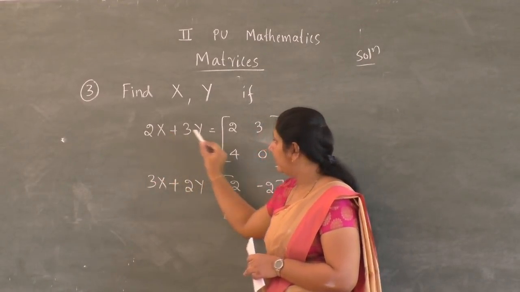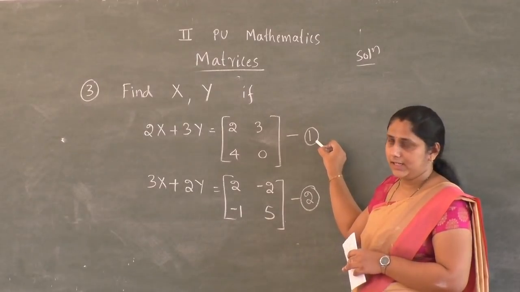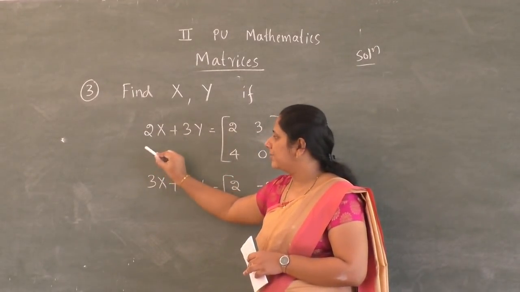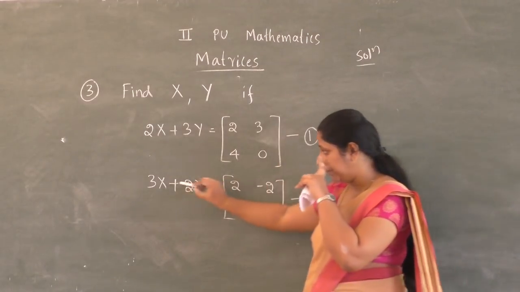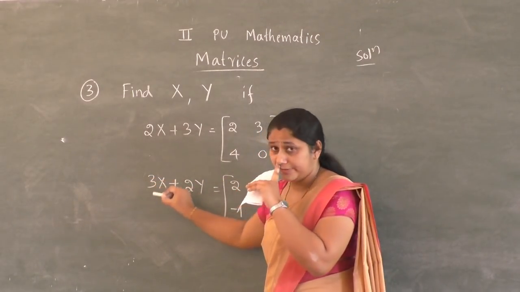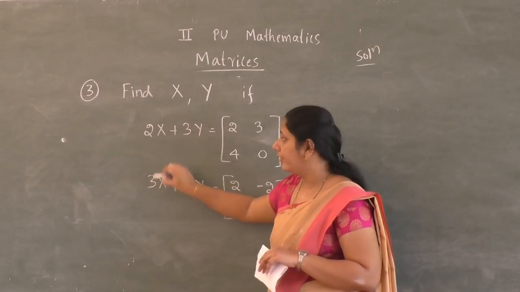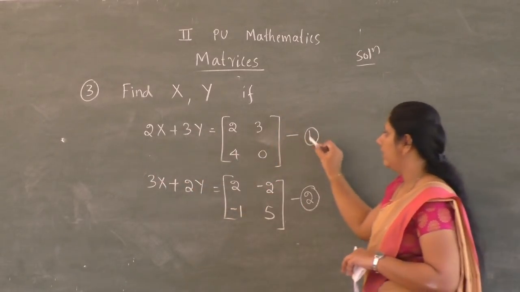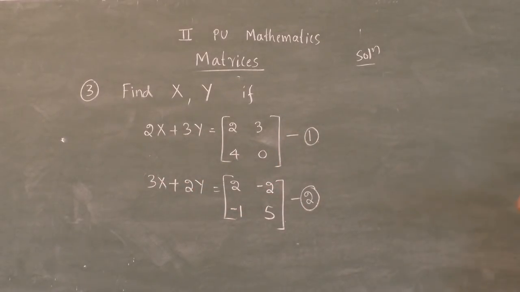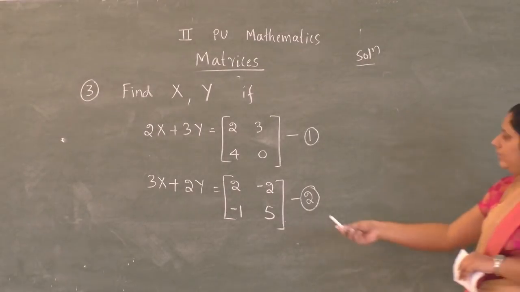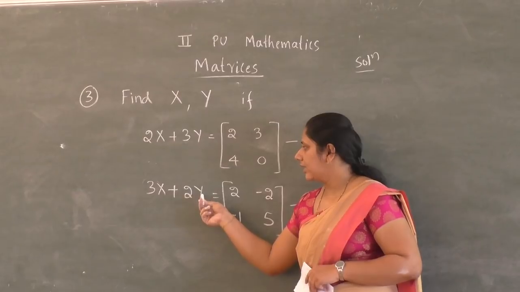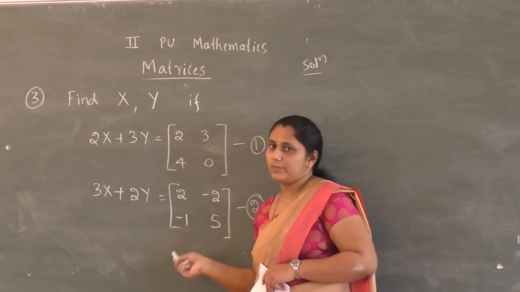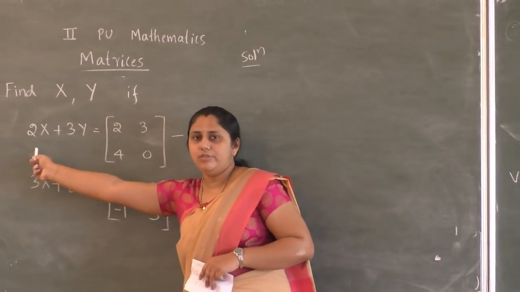So if I multiply equation 1 by 3, the coefficient of x becomes 6. Similarly, for equation 2, if I multiply by 2, again the coefficient of x becomes 6. So once the coefficients are the same, you can take the difference between the two equations, then we will get y. Once you get y, you substitute the y value in one of the equations, then you will get the value of x.